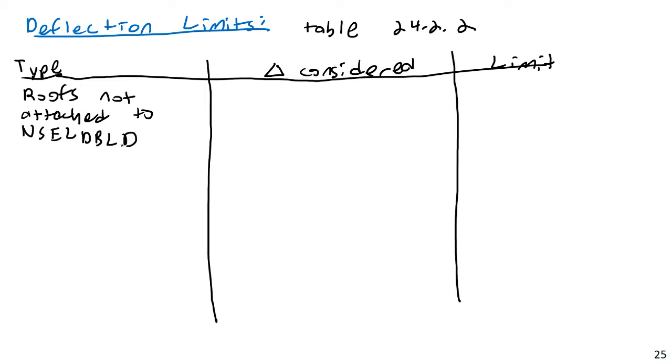And what does that mean? Well, not supporting or attached to non-structural elements likely to be damaged by large deflections. So roofs not supporting or attached to non-structural elements, so that's things like walls and brick and drywall and things, likely to be damaged by large deflections.